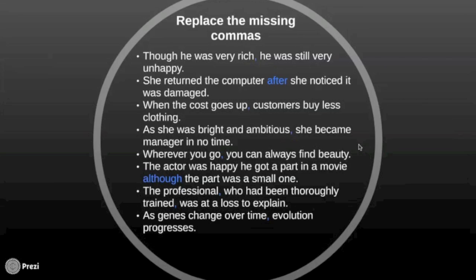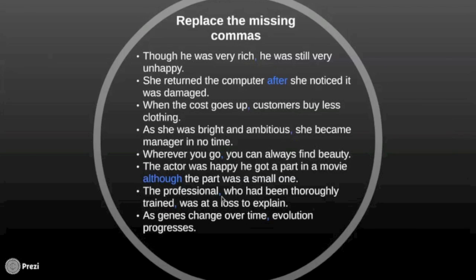The actor was happy he got a part in a movie, although the part was a small one. So there we've got our subordinate clause at the end, and therefore we don't need a comma here because we've got our subordinating conjunction in the middle of the sentence. The professional who had been thoroughly trained was at a loss to explain.